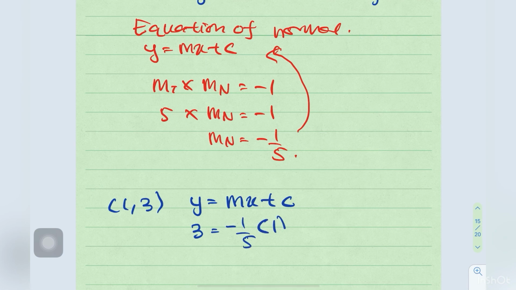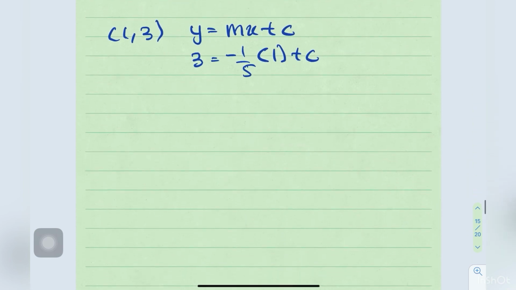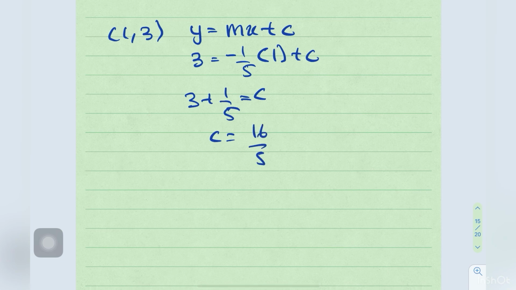X is 1 plus c. So therefore, c is 3 plus 1 over 5. C equals to 16 over 5. So therefore, equation of normal, y equals to negative 1 over 5x plus 16 over 5.